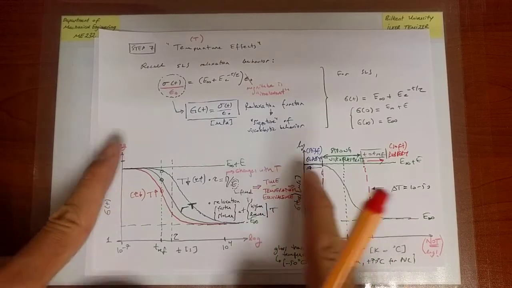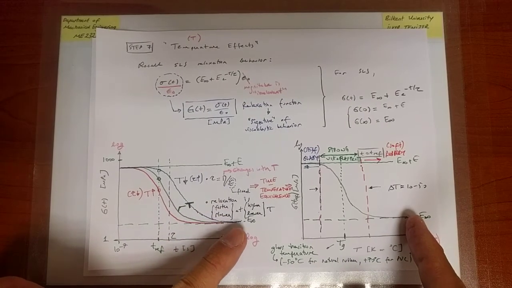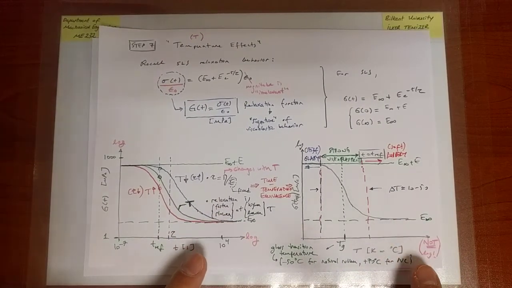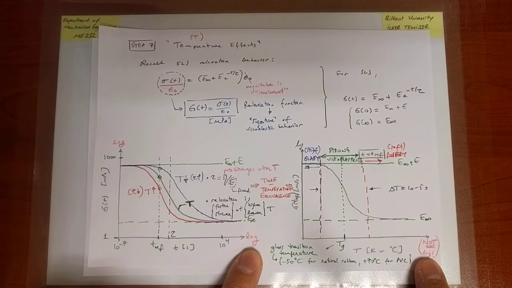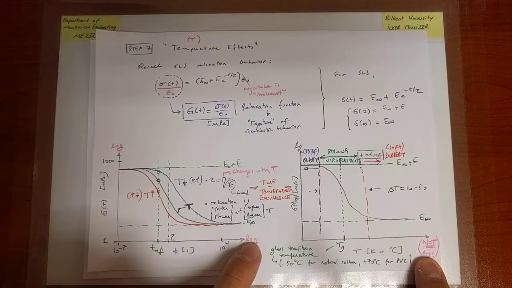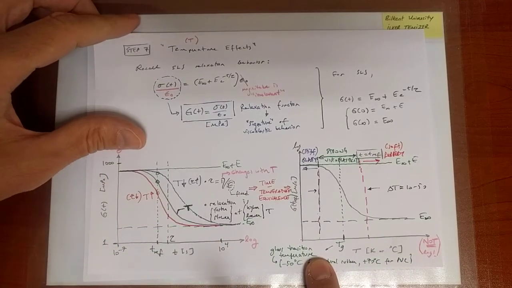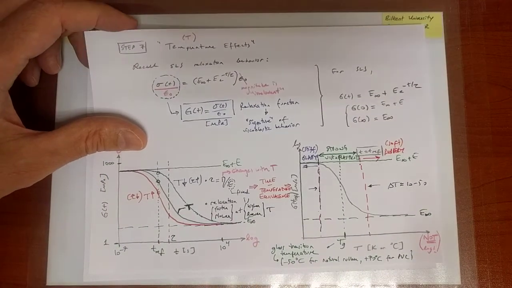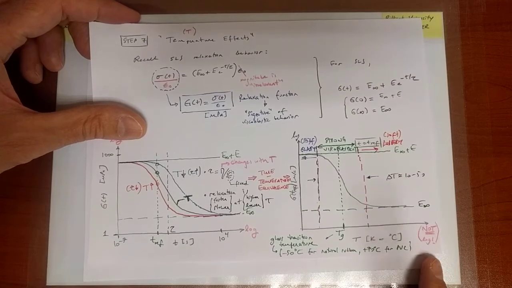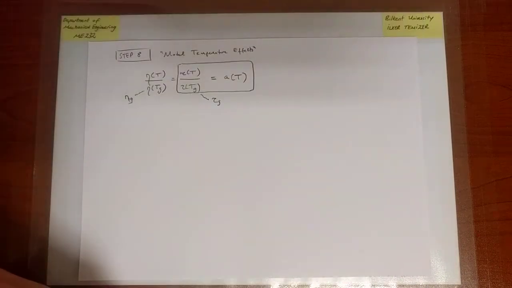Now, that equivalence in the two pictures has a fundamental point to be careful about. One scale is log, the other is not. In other words, time appears through a log, while temperature variations appear without a log.